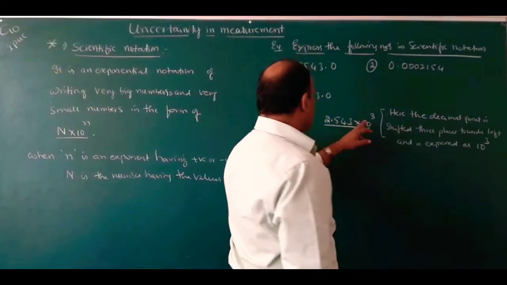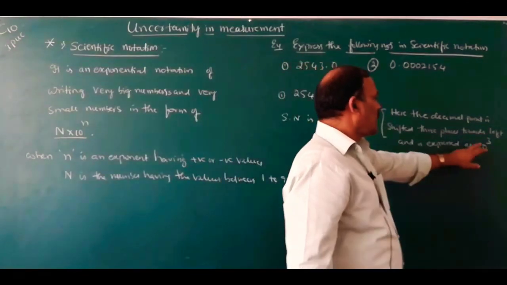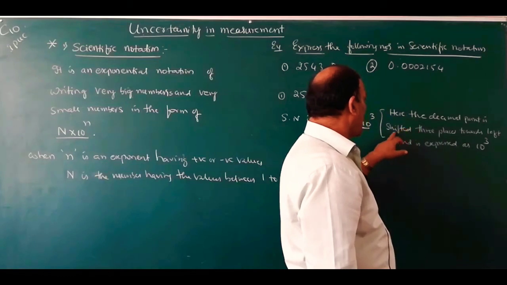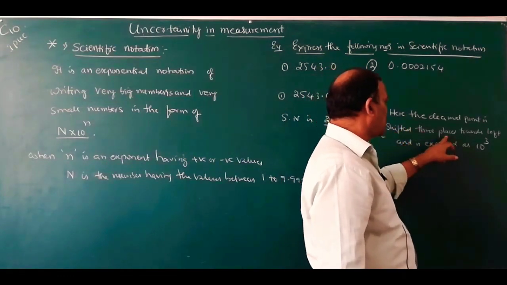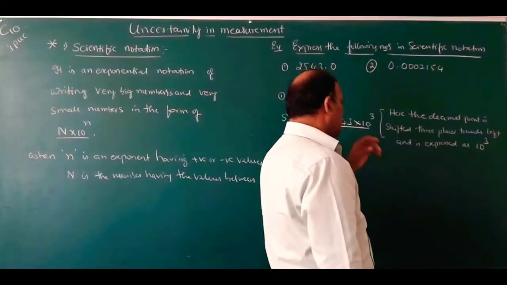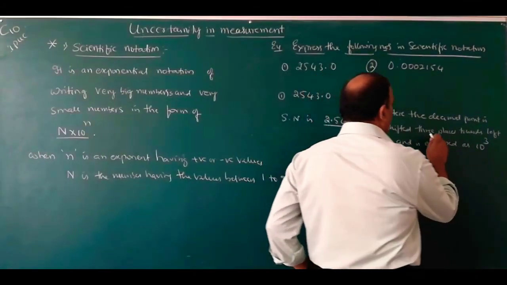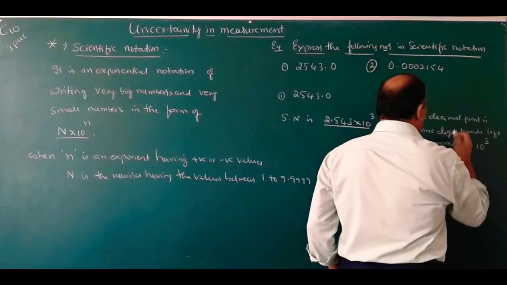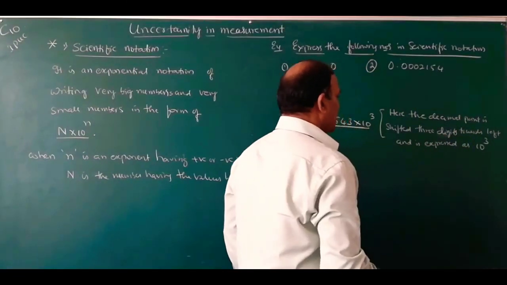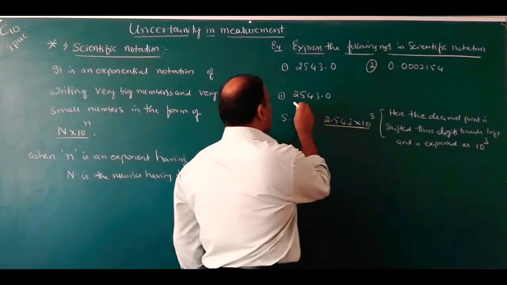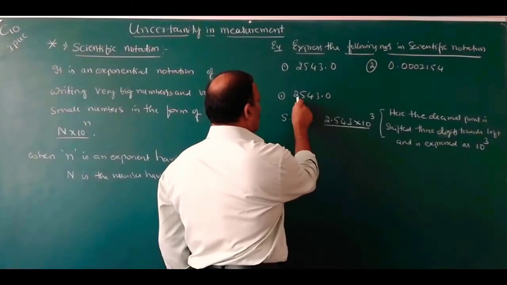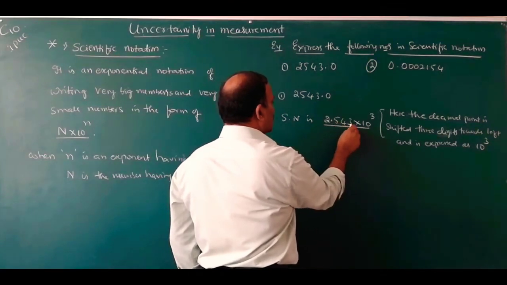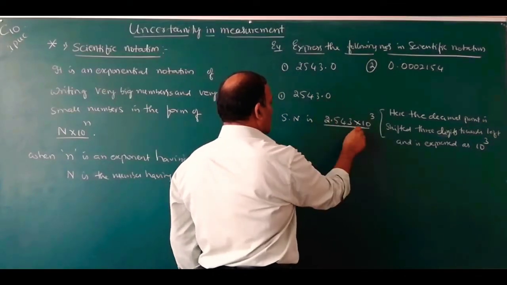If it shifts towards left, it should be a positive power, 10 to the power of 3. So the scientific notation of 2543.0 is equal to 2.543 into 10 to the power of 3.